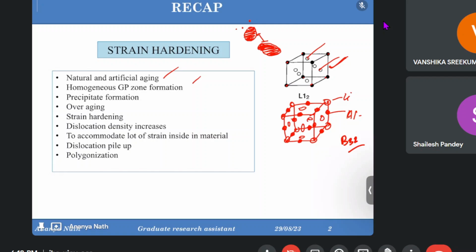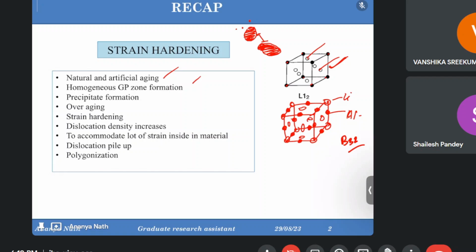So what happens is, due to less time for the grains, or the lattices, solutes and dislocations, to get arranged properly, a new set of dislocations appears. This is why the density increases, and also to accommodate a lot of strain inside the material, the lattice needs to move the dislocations. But at the same time, we are not giving enough time to the dislocations to grow properly.